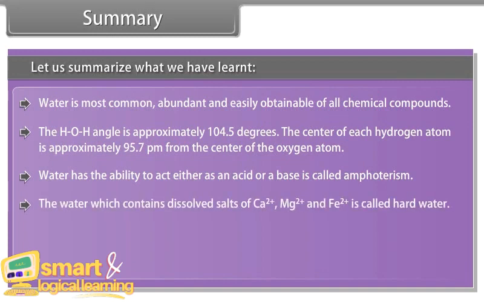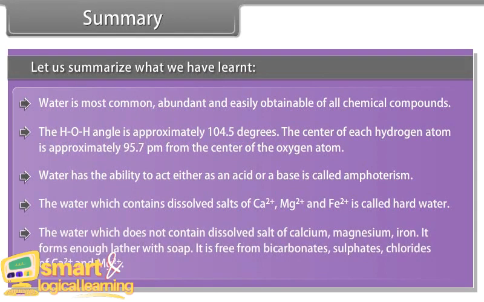The water which contains dissolved salts of Ca2+, Mg2+, and Fe2+ is called hard water. The water which does not contain dissolved salts of calcium, magnesium, iron, etc. is called soft water. It forms enough lather with soap.